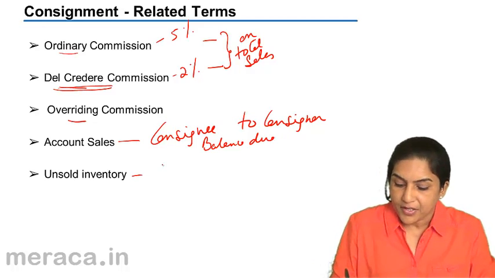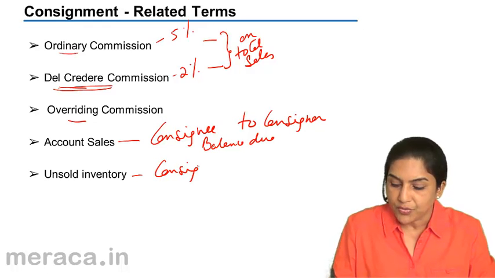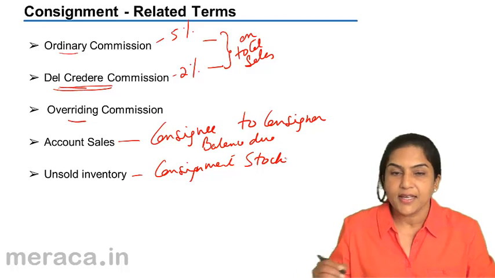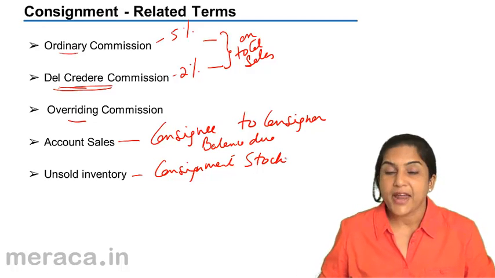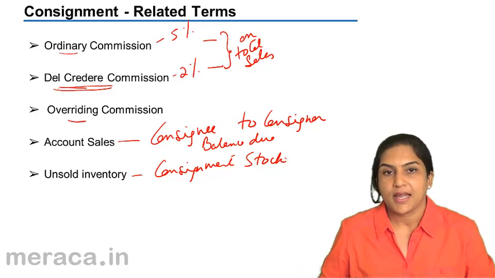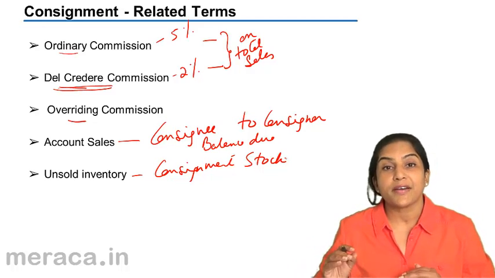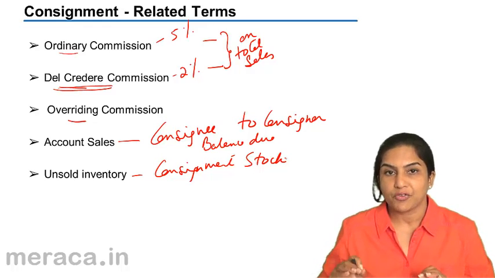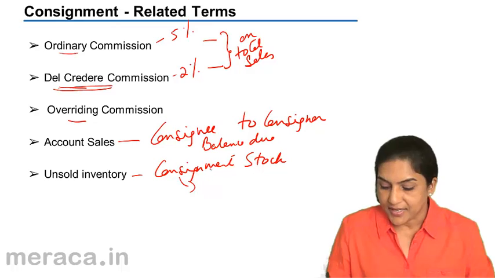Unsold inventory is also called consignment stock. When goods have been sent by the consignor to the consignee and the entire stock is not sold by the consignee, some stock remains in the warehouse of the consignee, but this consignment stock actually belongs to the consignor.